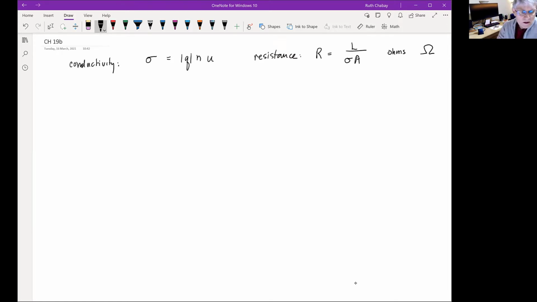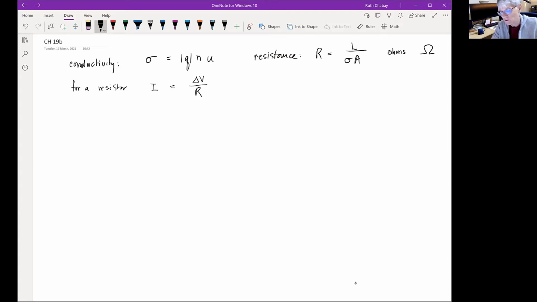And so we found that for a resistor, the current through a resistor was proportional to the potential difference across the resistor divided by the resistance, for as long as we were in an ohmic regime where the resistance doesn't change with the current.